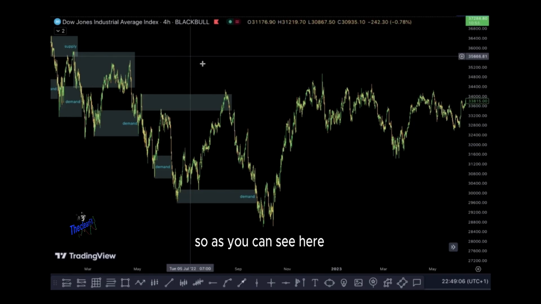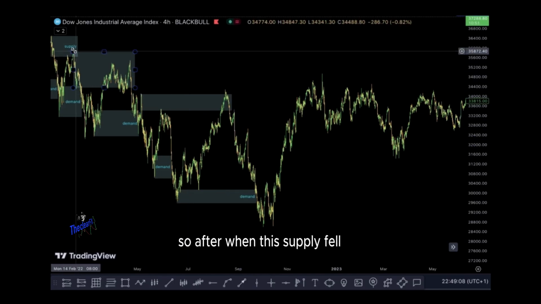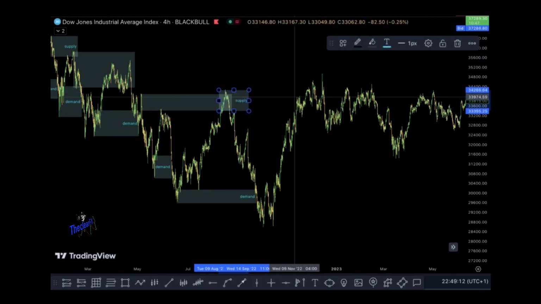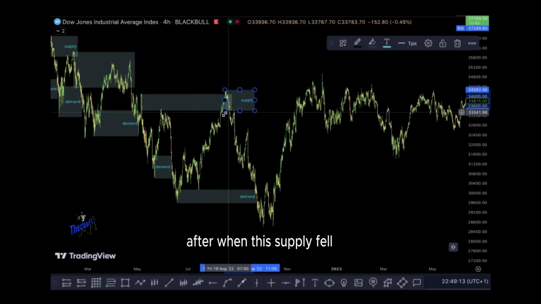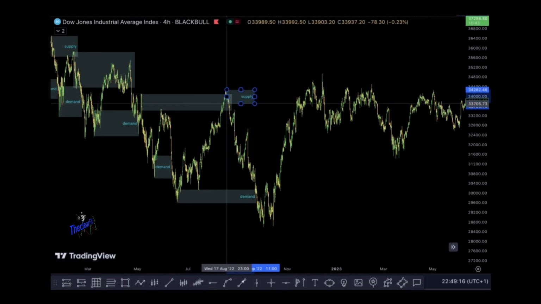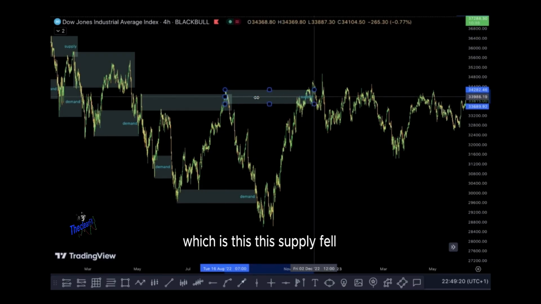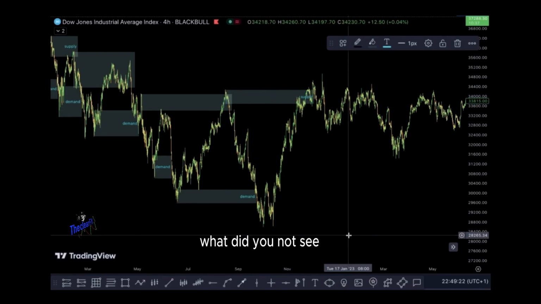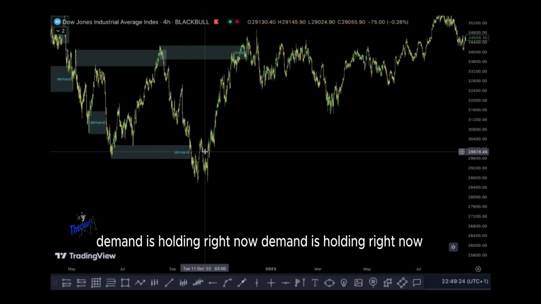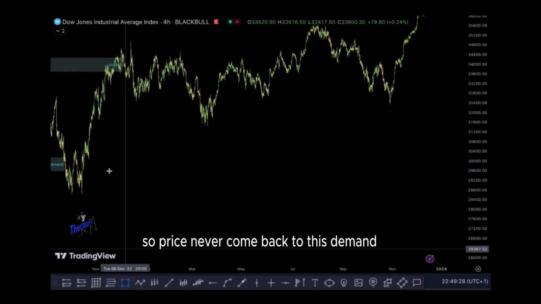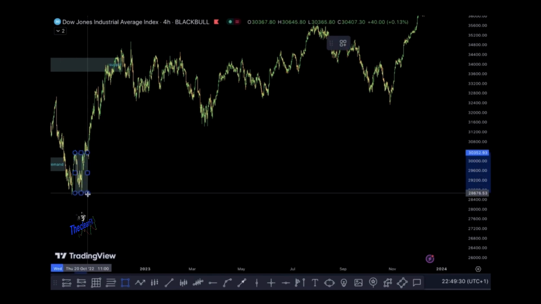So as you can see here, after this supply fell, what did you now see? Demand is holding right now.